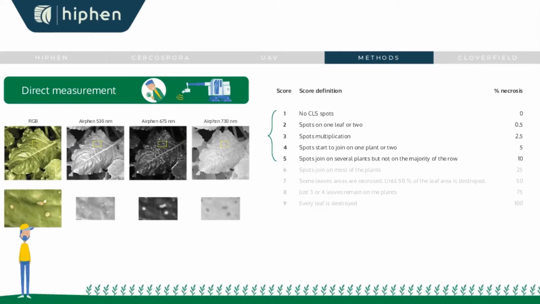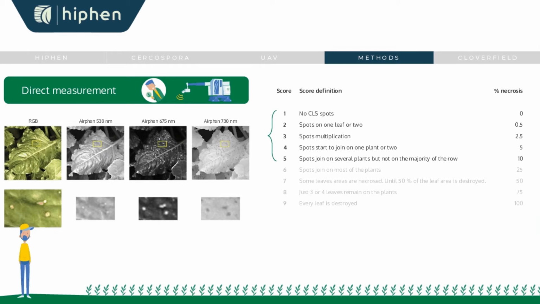So with that, here is an example of what a direct measurement can do. With the score given by the expert and the phenomobile, you can see an example here from either RGB data or multispectral data coming from the Hiphen camera. You can see everything in a very high level of detail, very high resolution.